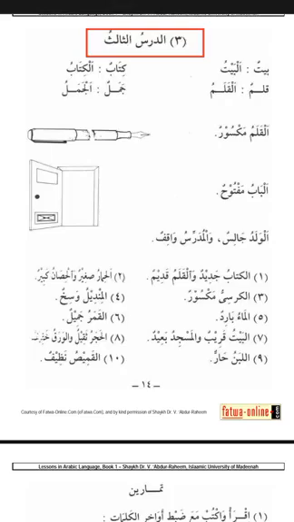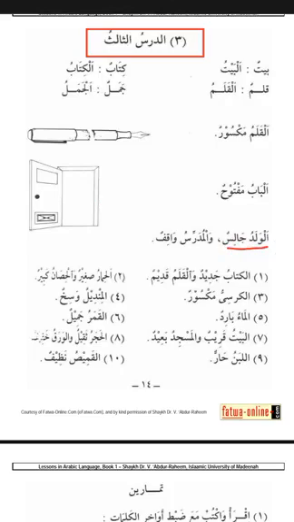The next one, al-babu maftuhun. The door is opened. Al-babu is mubtada, maftuhun is khabar. Al-babu is subject, while maftuhun is predicate. The next one, al-waladu jalisun.